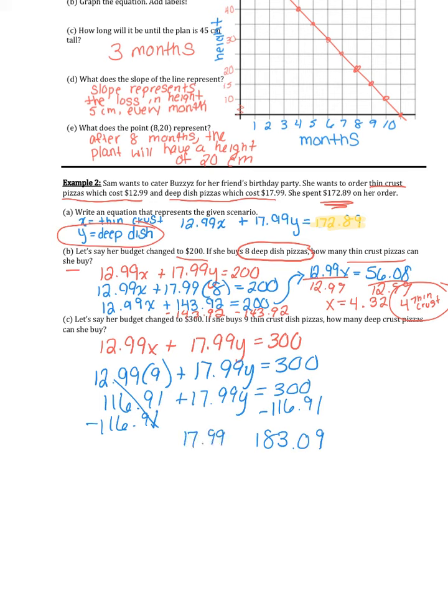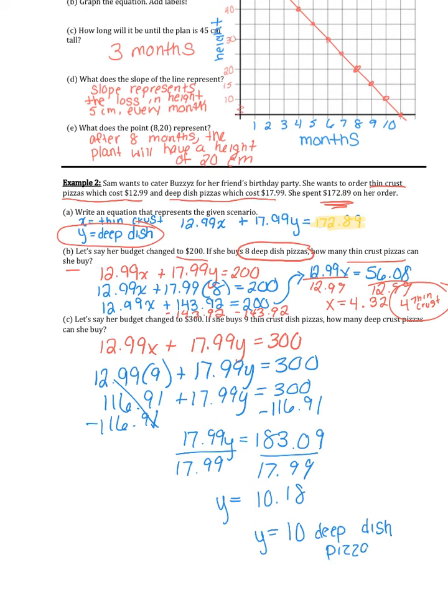So I'll then divide both sides by 17.99. And that gives me another decimal of approximately 10.18. Obviously, I can't buy 18/100ths of a pizza, and so the most I could buy would be 10 deep dish pizzas. Pizza is expensive.